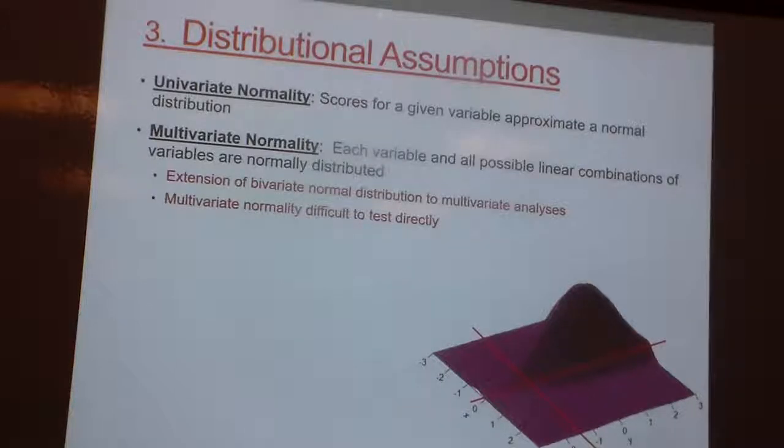Actually, what we're looking for is something that's not severely non-normal, but the basic assumption is univariate normality. So if we look at individual variables within our model, we're hoping those variables have some reasonable approximation of normality, or at least are not severely non-normal.